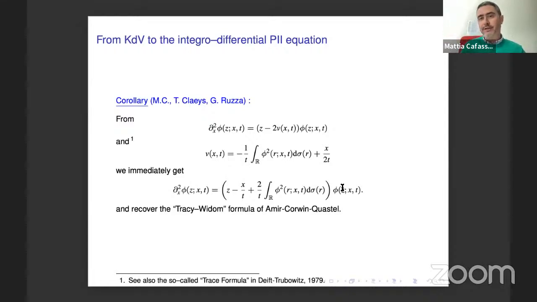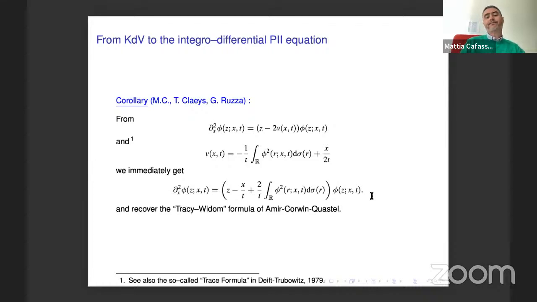And if you restore the previous coordinates, so if instead of writing this as a function of x and small t, you write it as a function of small x and small t, you recover this Tracy-Widom formula of Amir, Corwin and Quastel. This equation plays the role of the integro-differential Painlevé 2 equation.